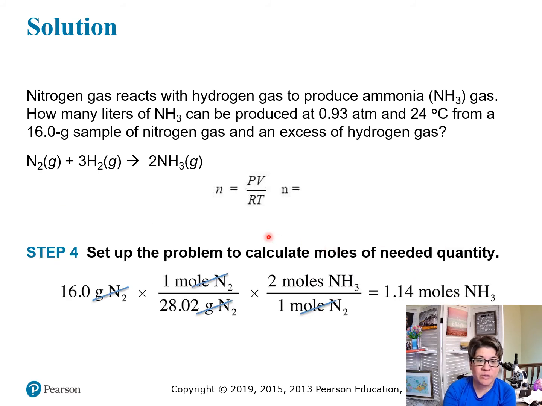And then we need to rearrange our equation to solve for n because we're going to solve for moles of NH3. So first we just go ahead and convert it into moles of NH3. So we have our grams of N2, convert that to moles, and then we use our mole-to-mole ratio to get our moles of product.